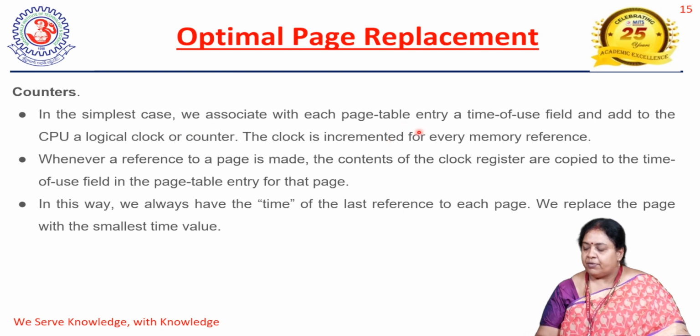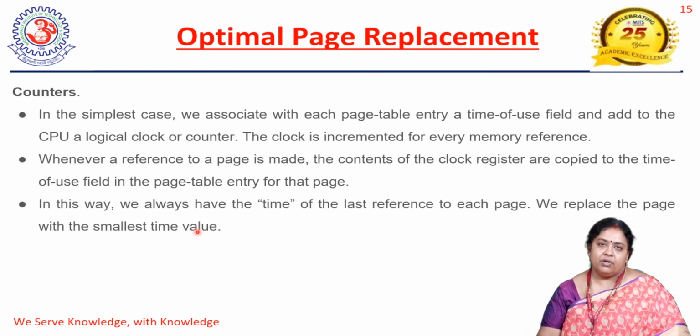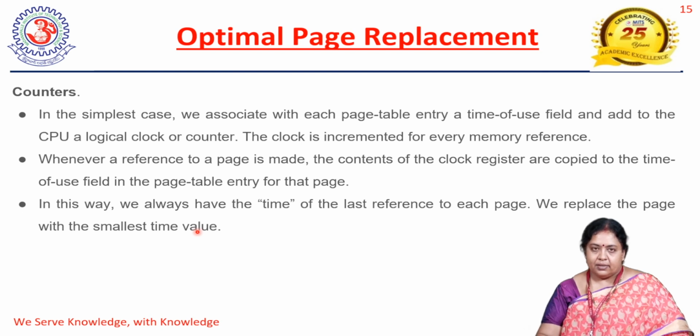Every time it is referenced, the clock will be incremented. So whenever we have to go for the replacement, we check the time. The page having the smallest time value will be replaced. Okay, clear?